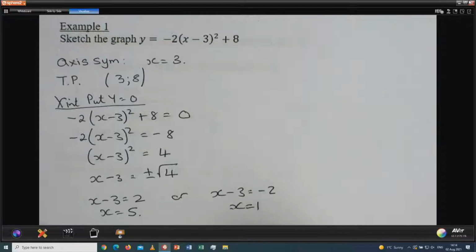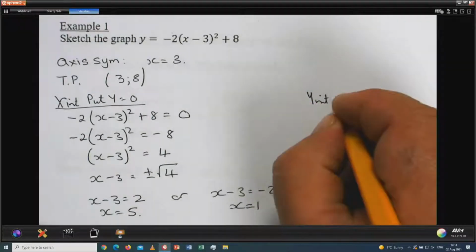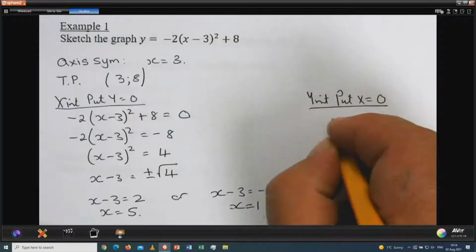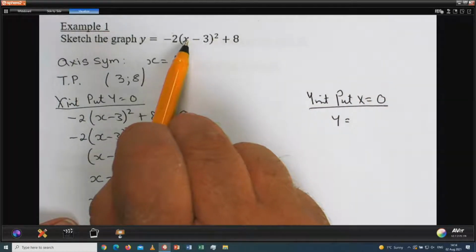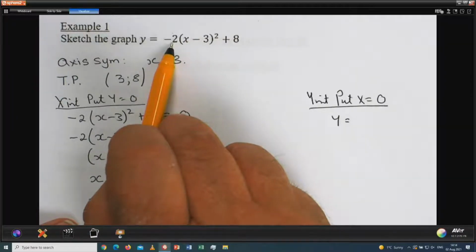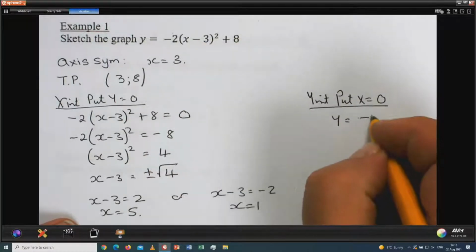Your turning point here is x equal to 3, y equal to 8. 3, 8 is your turning point, and then you say your y-intercept. We're going to put x equal to 0, so y is equal to, if x is 0, then 0 minus 3 is negative 3, squared is 9. 9 times negative 2 is equal to negative 18, plus 8 is equal to negative 10.